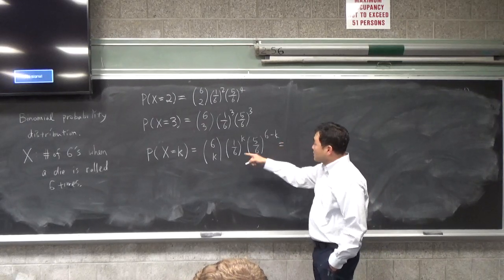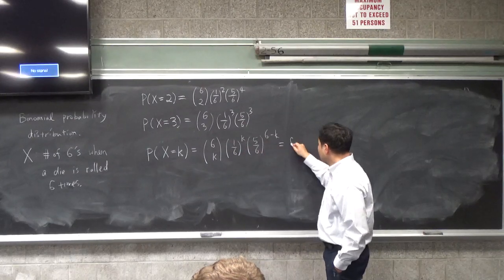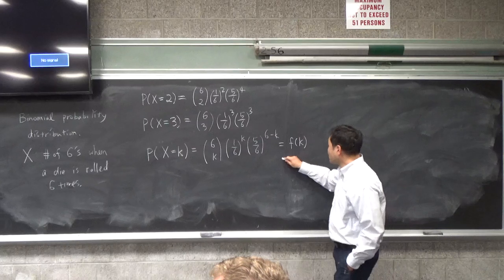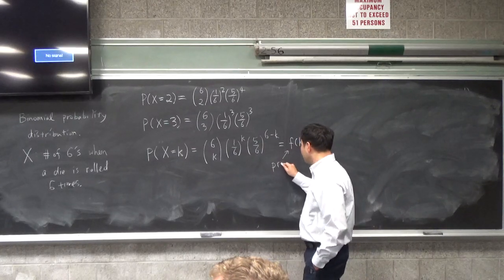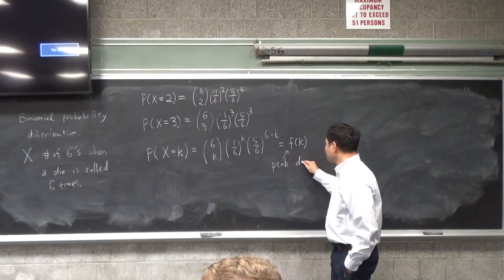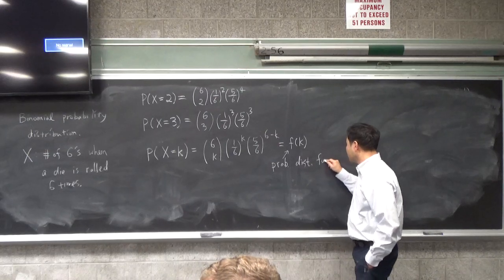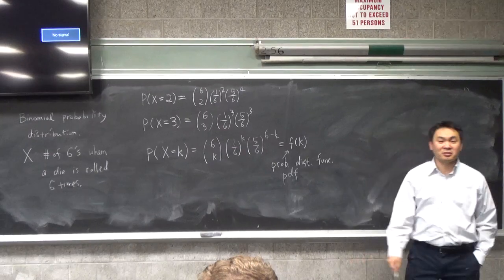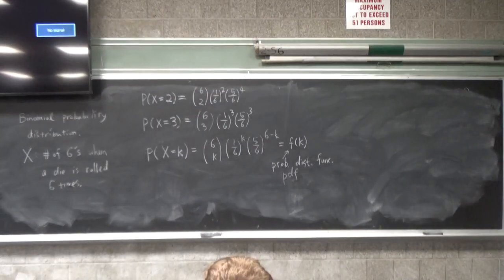If this is a function of k, right? So if I say this is f of k, this f is what's called the probability distribution function. So PDF, probability distribution function. Okay.